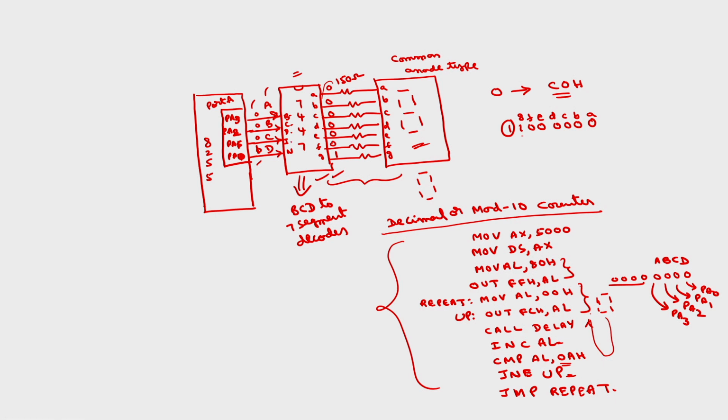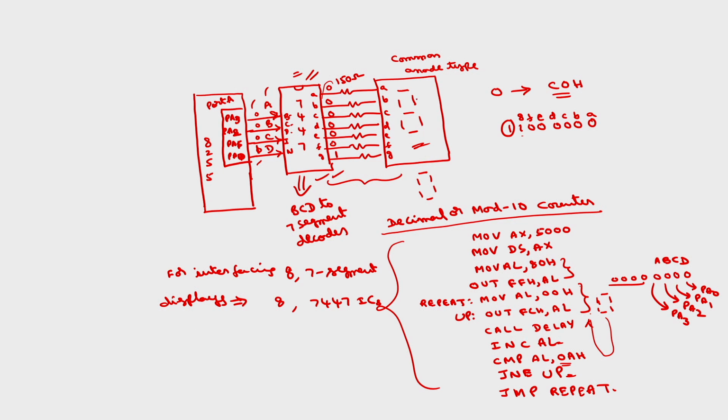If I want to connect multiple 7 segment displays, suppose 8 seven segment displays, then we have to use eight 7447s if I want to directly use them. So for interfacing eight 7 segment displays, we have to use eight 7447 ICs.